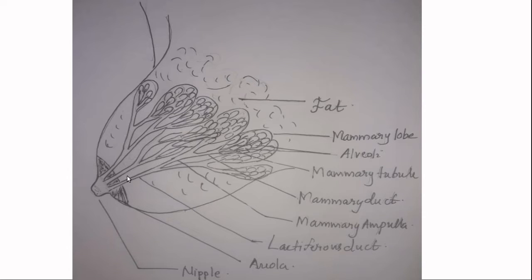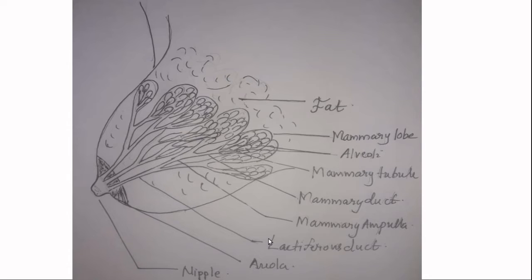And many lactiferous ducts open to the tip of the breast, that is onto the nipple area, and there are very minute pores on the nipple through which the milk is ejected out. Okay, so that's about the structure of the breast or the mammary gland. And you know that just at the base of the nipple there is a darker area on the breast, and that is called the areola.